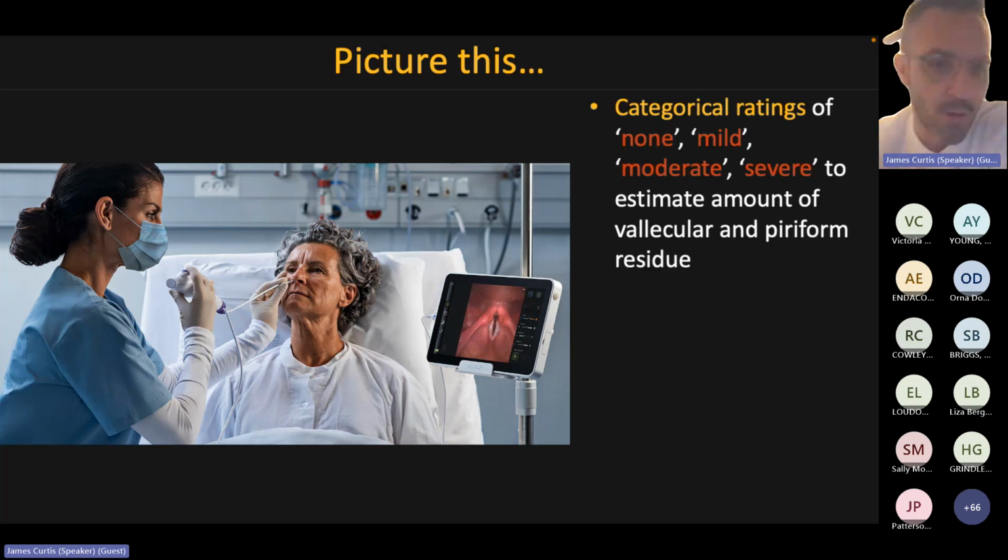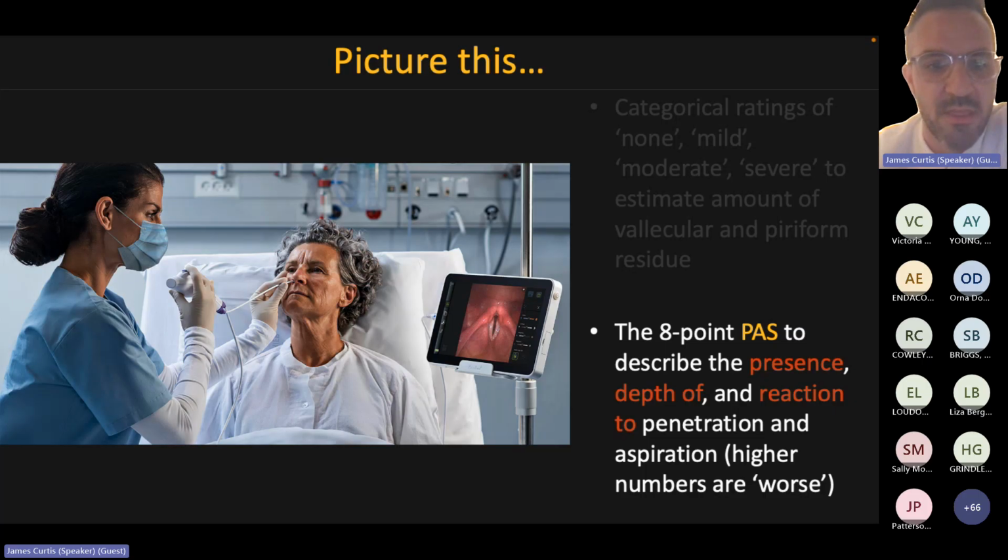You use categorical ratings of none, mild, moderate, and severe to estimate the amount of residue, and you use the 8-point penetration aspiration scale to describe the presence of penetration aspiration, how deep it goes, and the reaction to it. So, is it ejected or not?